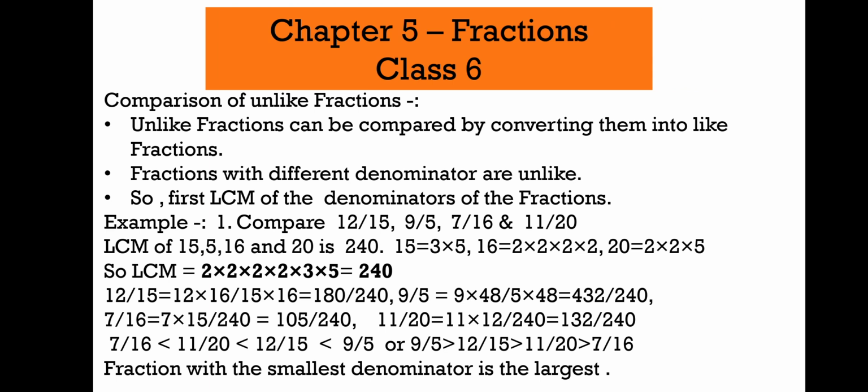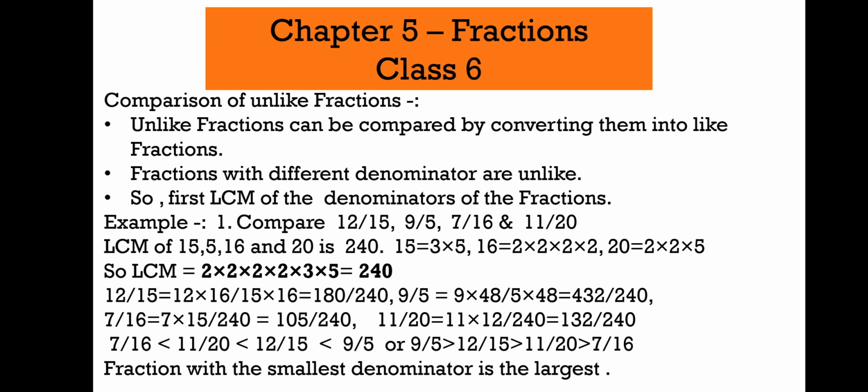So first we have to find the LCM of the denominators of the fractions. Example. We have to compare 12 upon 15, 9 upon 5, 7 upon 16 and 11 upon 20. So which is the smallest and which is the greatest? That is how we are comparing, and then we can arrange them.